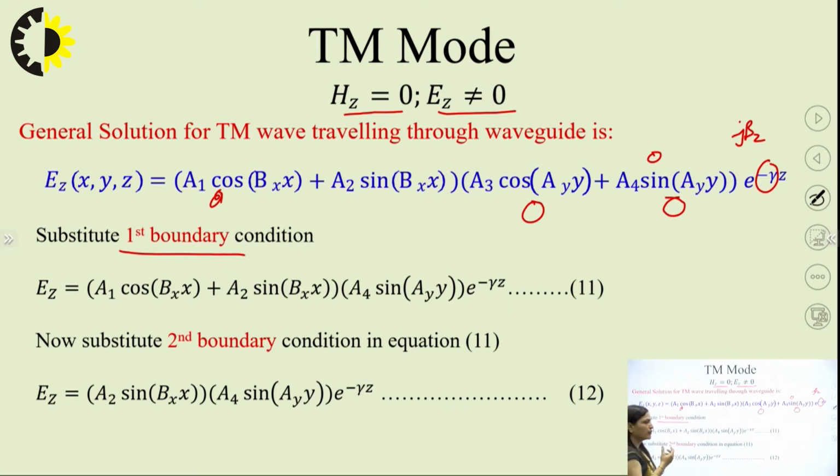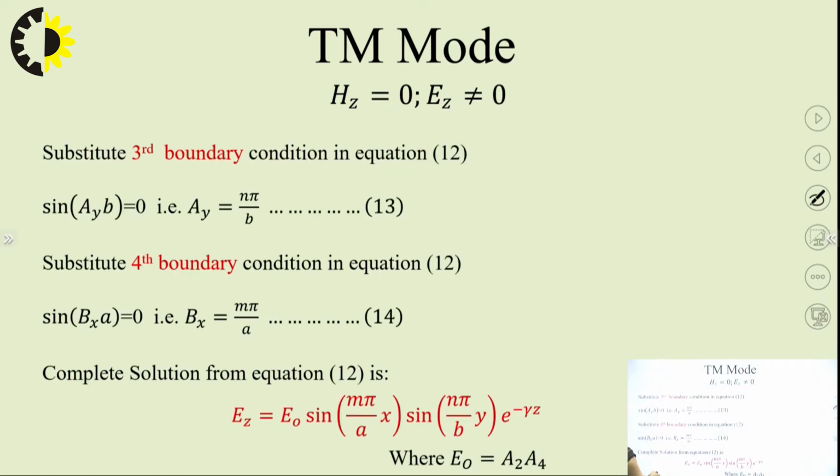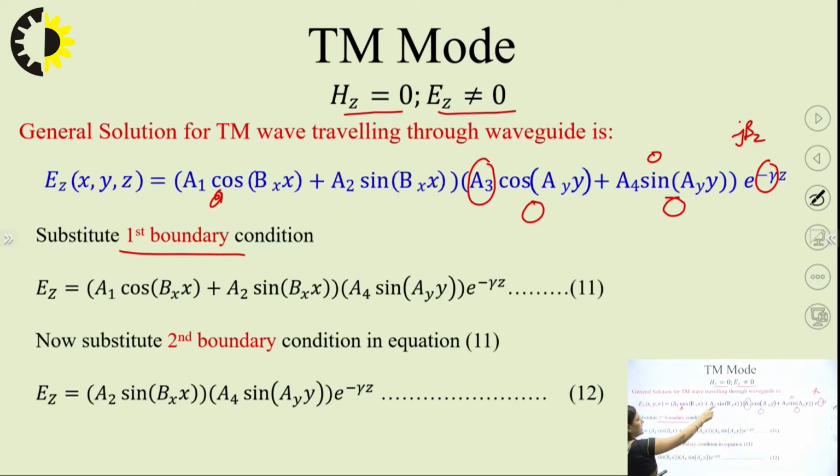If the product of two things is 0, any one of the components is 0. So we assume that a3 will be 0, and this factor will be 0. So your main equation will be reduced to (a1 cos bx x plus a2 sin bx x) a4 sin ay y e to the power minus gamma z.